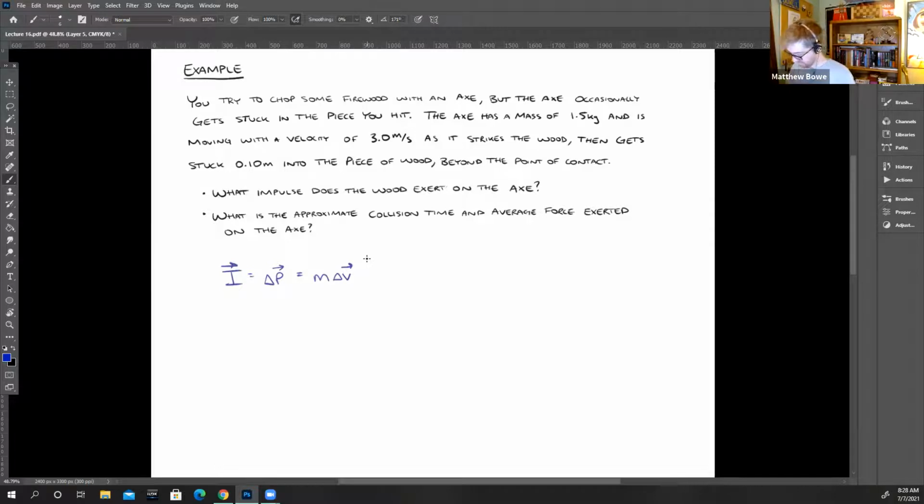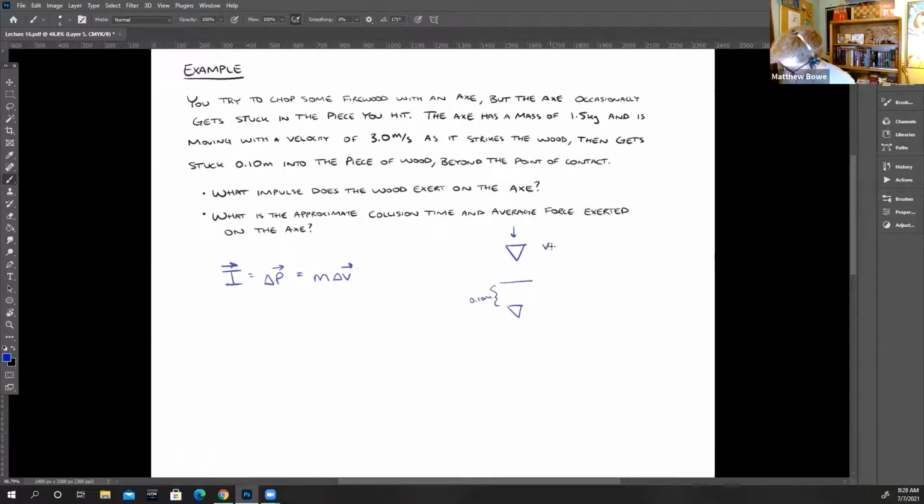Let me define a direction for this problem. We have an axe, looking at it head on, and a piece of wood. The axe is moving downward, hitting the piece of wood, and travels down about 10 centimeters and gets stuck.